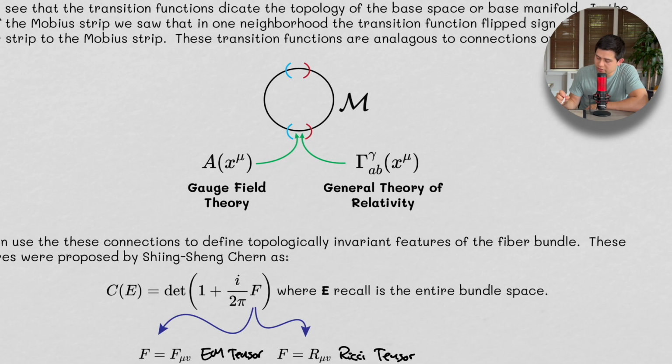So the idea here is that suppose you have a base manifold M, or suppose it's just a circle S1, and you place two atlases on the manifold, and so you need to define a transition function on the overlap of the two atlases. And when you do that, the transition function is going to get you from one point to the next on the manifold.